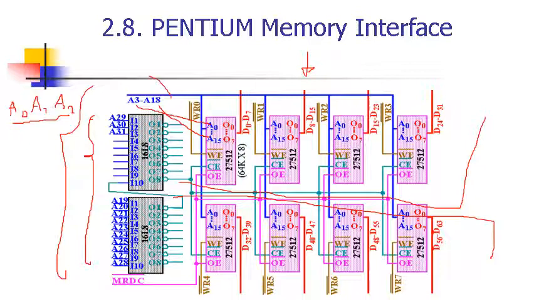Okay? And your bank is composed of 64K bytes. Okay? So it requires 16 bits. So this is why we're connecting A3 through A18 to each of your banks through A0 through A15. Okay, good.